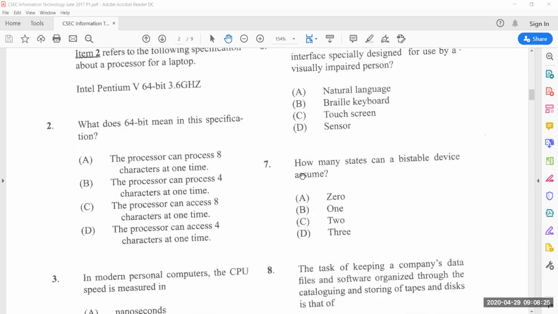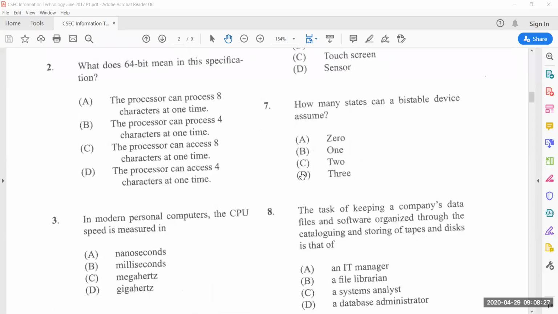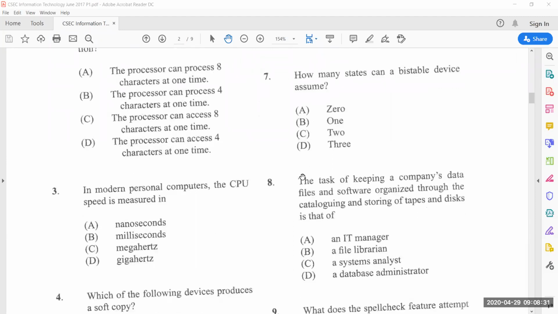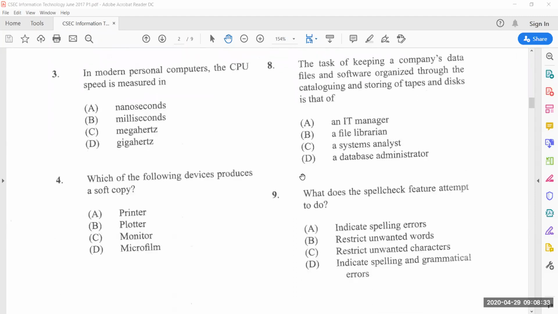Okay. Number 7, we will leave that one out, as that was not part of the syllabus for you guys. Number 8, the task of keeping a company's data files and software organized through the cataloging and storing of tapes and disks is that of which of the following roles?